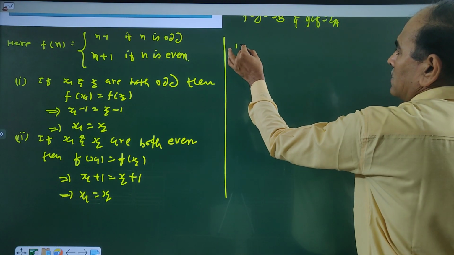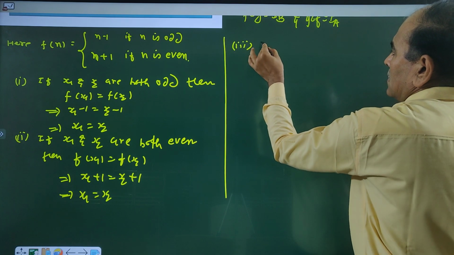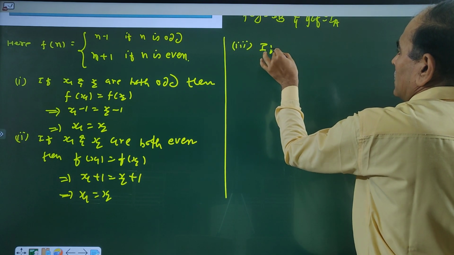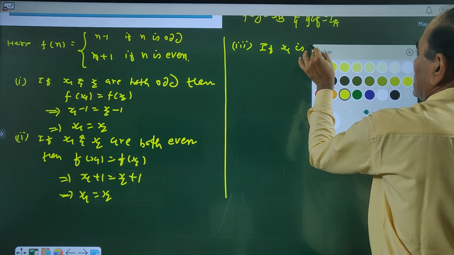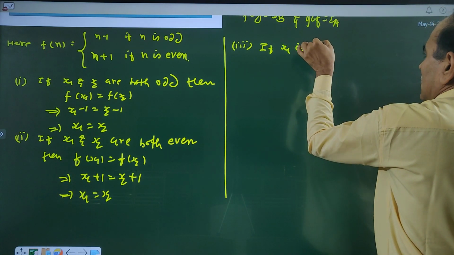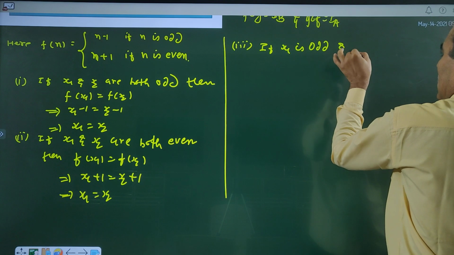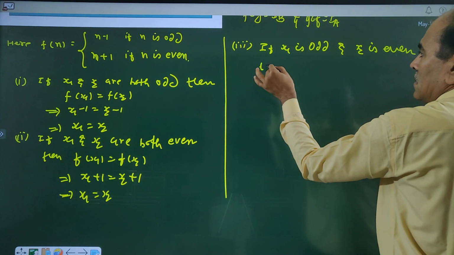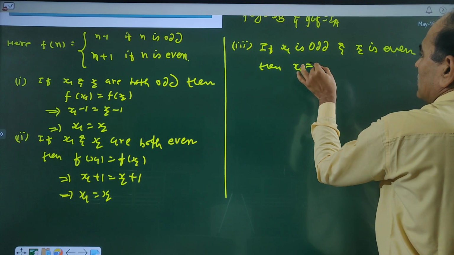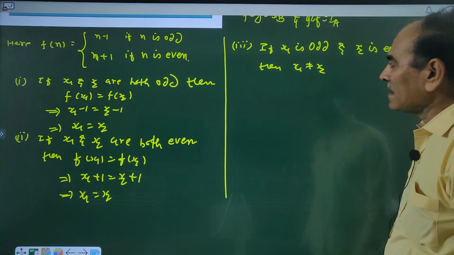Third one: if x1 is odd and x2 is even, then x1 is not equal to x2. Clear?